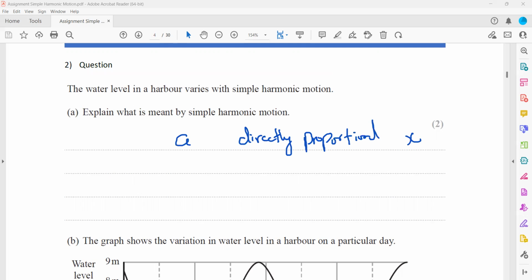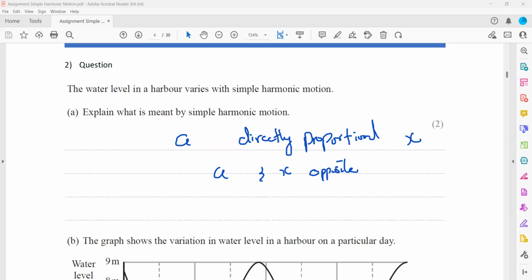And what is the second point for this? The direction: the acceleration is always directed towards the mean position, so acceleration and displacement are in opposite directions.